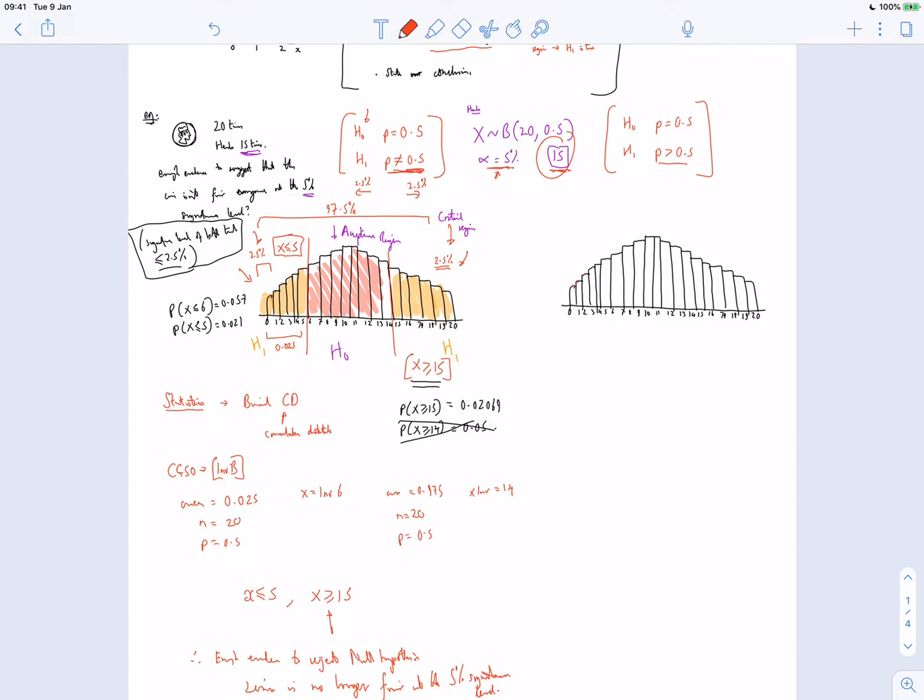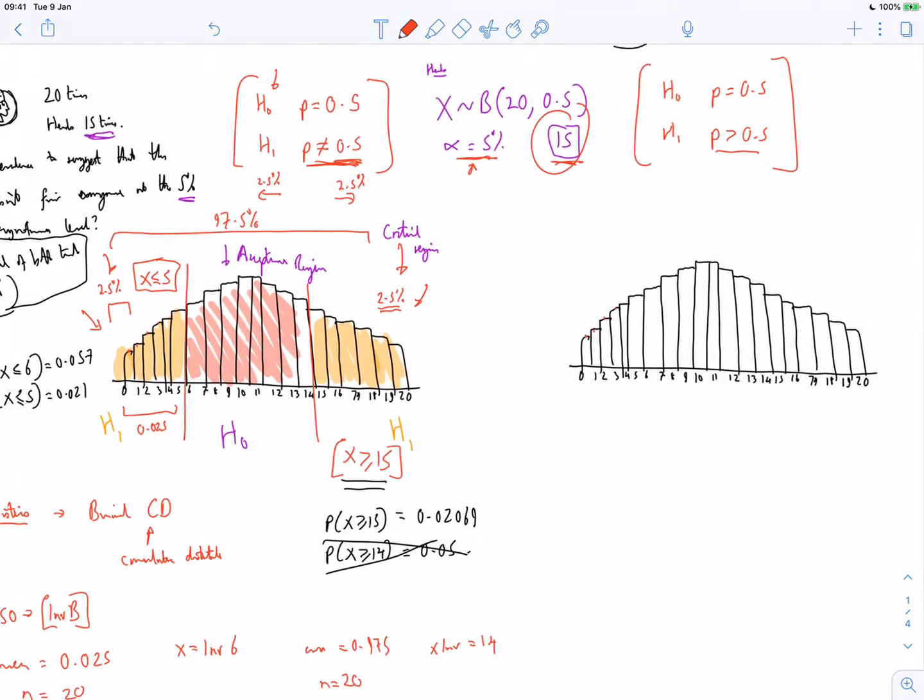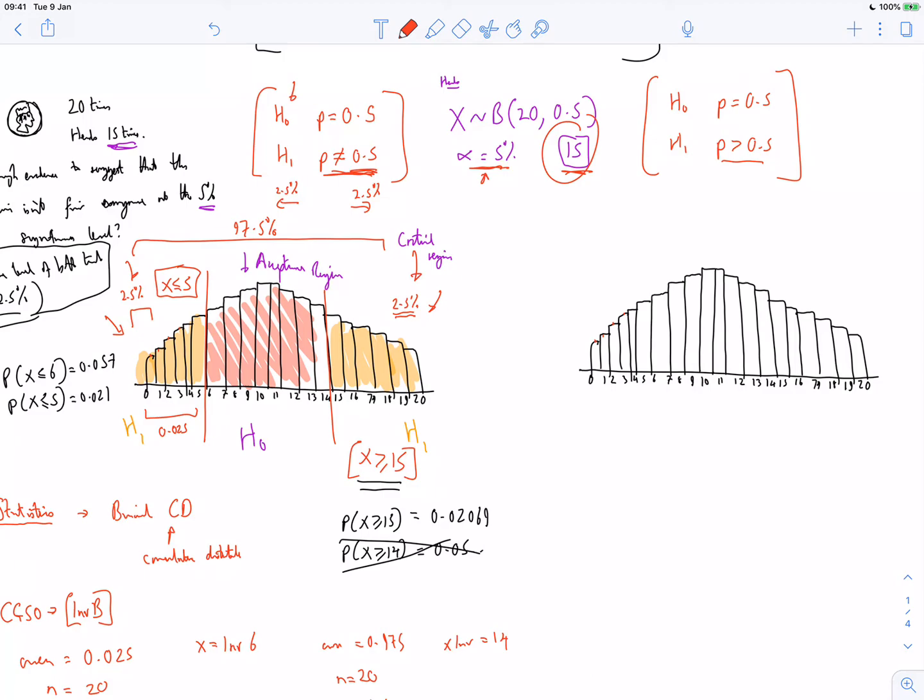Okay, if I was to go over to here, I want where the top 5% is. Well, if I do distribution, binomial, inverse binomial, and now 0.95, so that's apparently here. Well, that's greater than or equal to 14, isn't it?